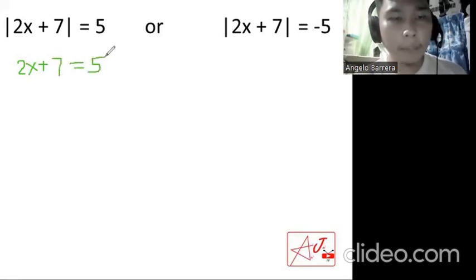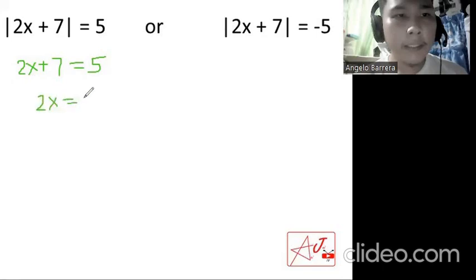And then, proceed po tayo sa ginagawa natin. Tanggalin natin itong positive 7 para maiwan yung variable nating x. So, 2x which is equal to 5. And then, ang opposite ni positive 7 ay negative 7, which is 2x equals 5 minus 7 is negative 2. So, kanina, yan yung final answer natin.